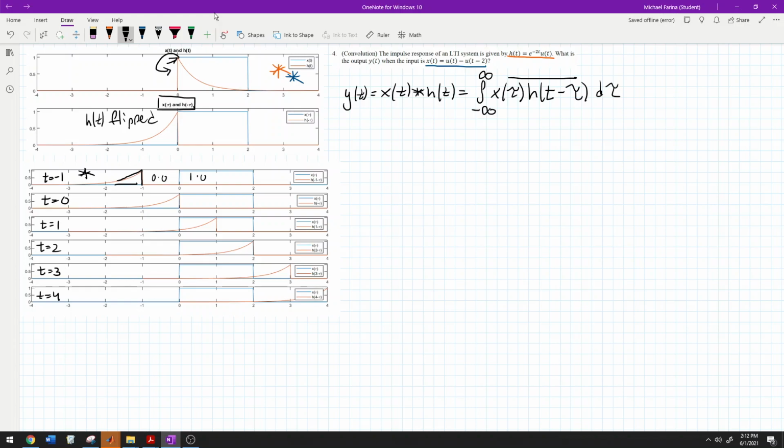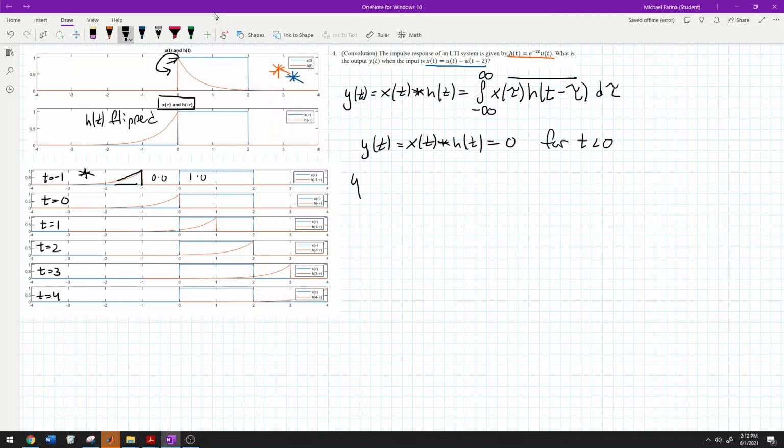So the convolution of x of t with h of t, y of t, is going to be equal to 0 for t less than 0. And that takes care of one part.